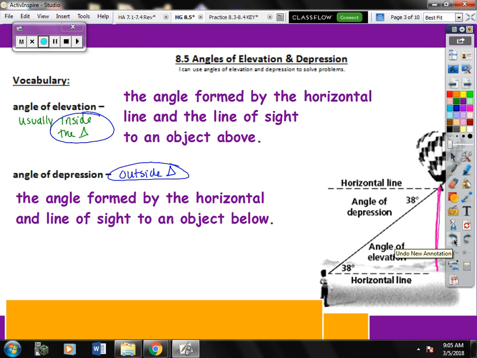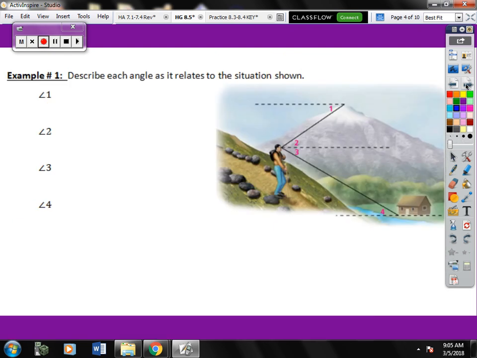So our first few questions just ask us, is it an angle of elevation or is it an angle of depression? So looking at angle 1, do we think it's an angle of elevation or depression? Is it from a horizontal line down to a line of sight, or is it a horizontal line up to a line of sight? Okay. Elevation or depression? Right?